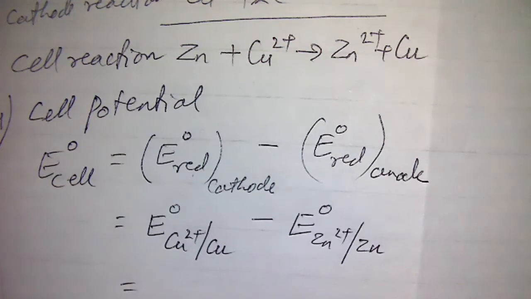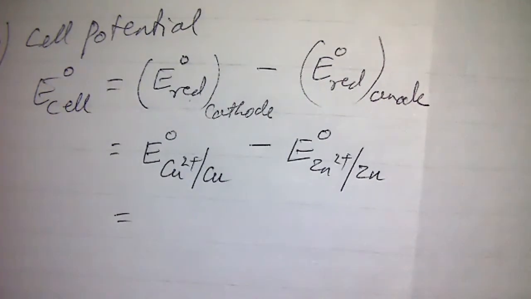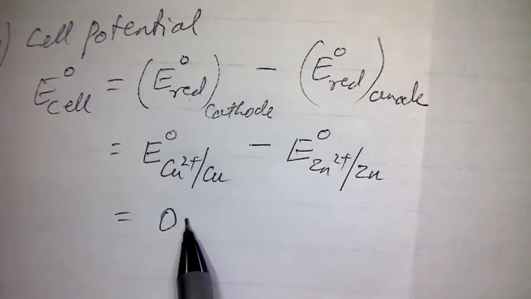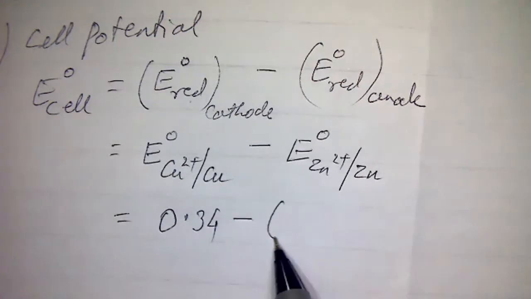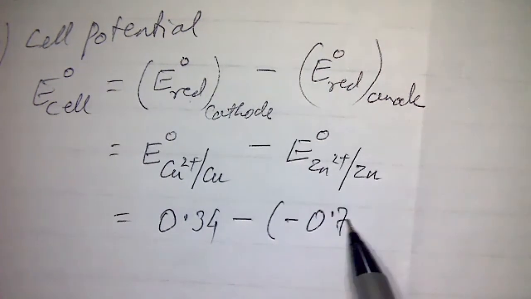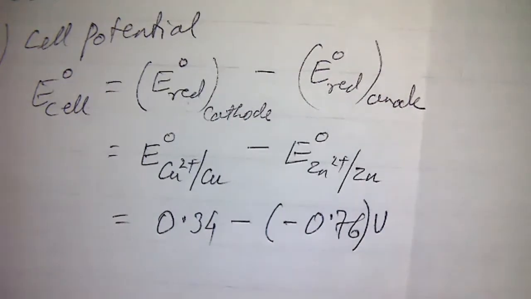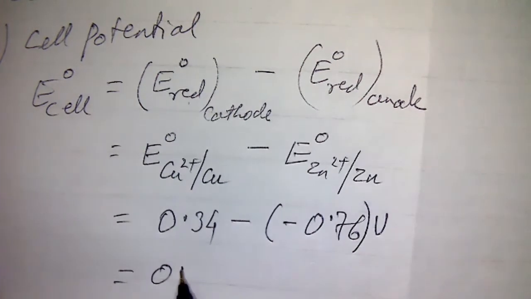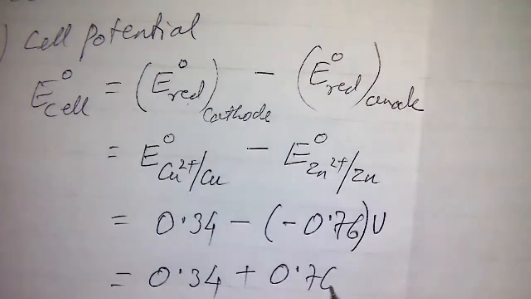For the cathode it was 0.34, and this was minus 0.76 volt. So this will become 0.34, minus into minus becomes plus, 0.76 volt.